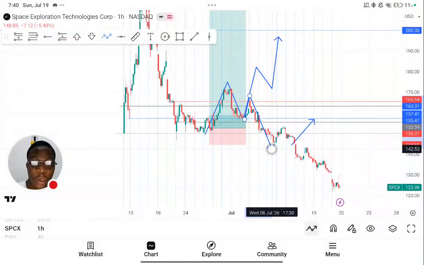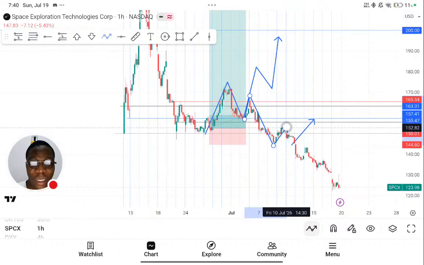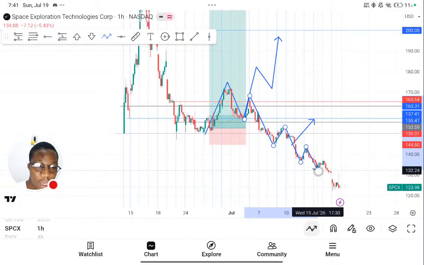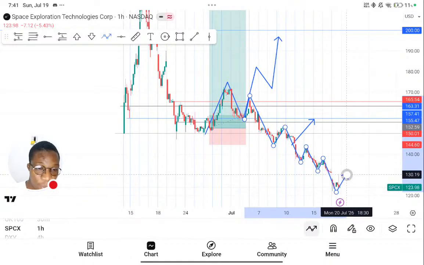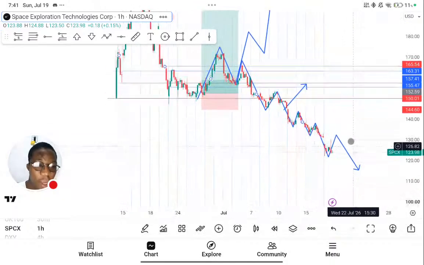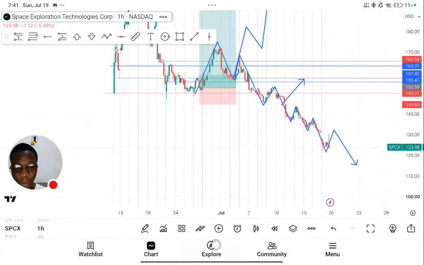The institutions, maybe 200 million, 200 billion shares, and they are short squeezing these guys. Lower low, lower high, lower low, lower high, lower low. Come back for a retest, continue. So this is the interpretation of what is happening on SpaceX stock.